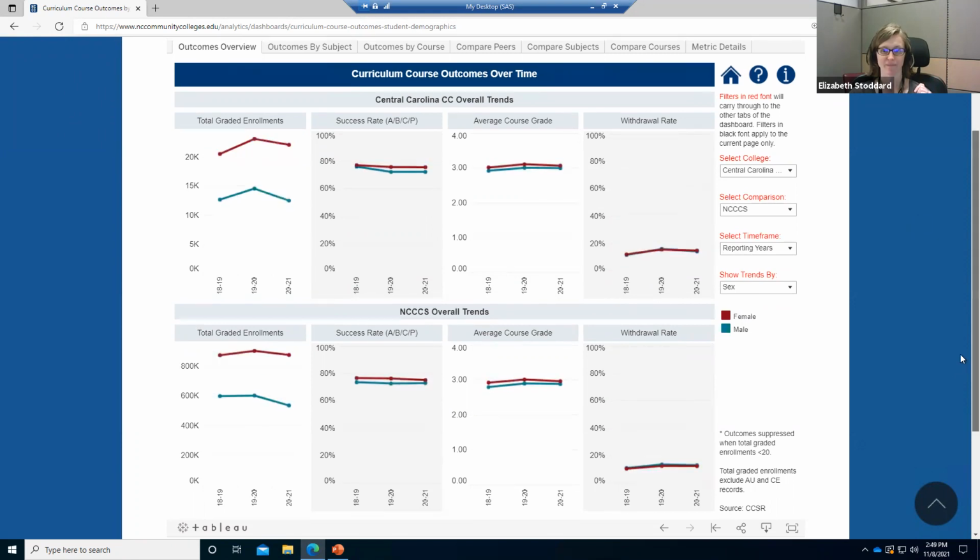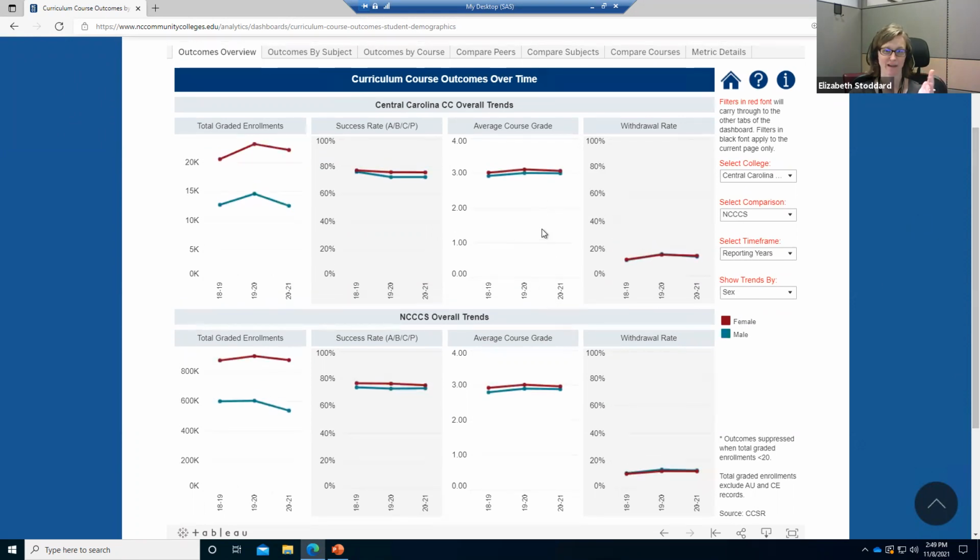I think we're seeing something similar at Central Carolina as we are at NCCCS, where the average course grades for males and females are very close together. Females have a very slightly higher course grade than males.